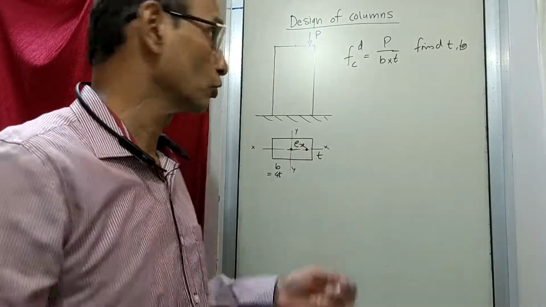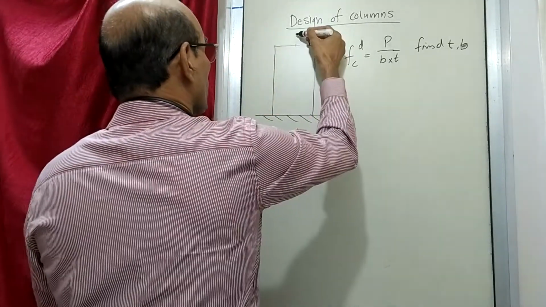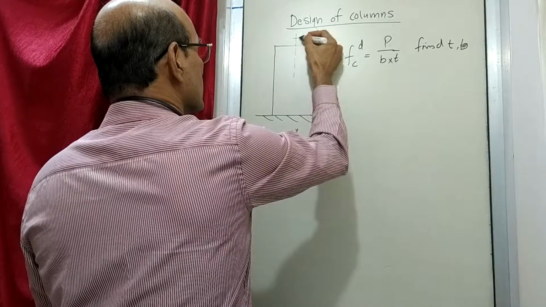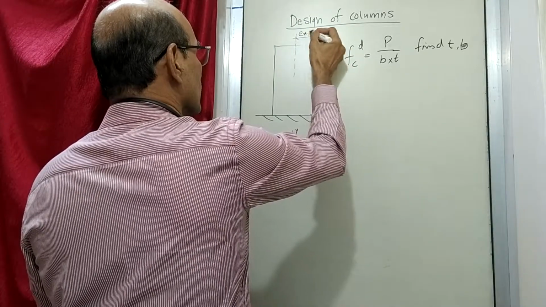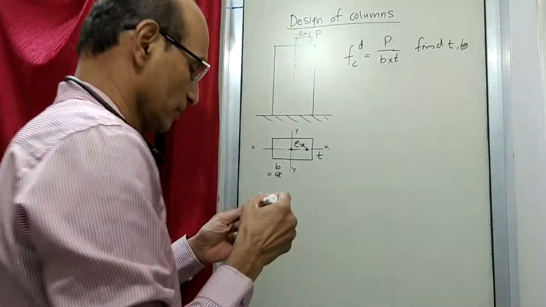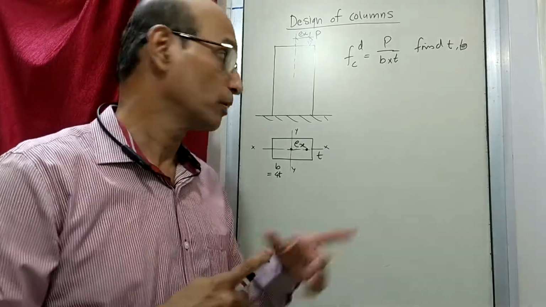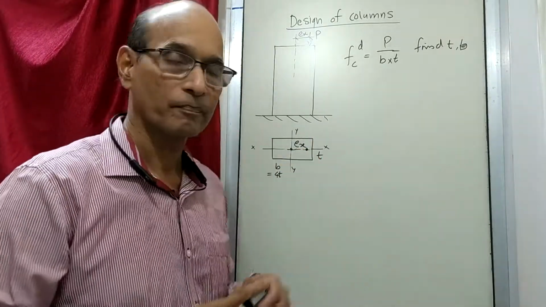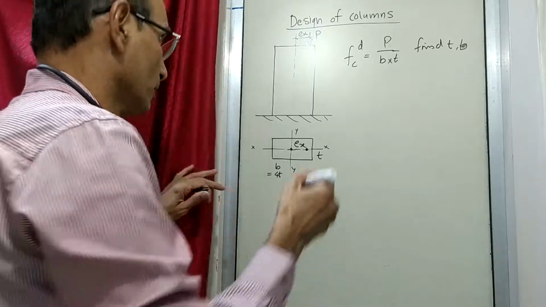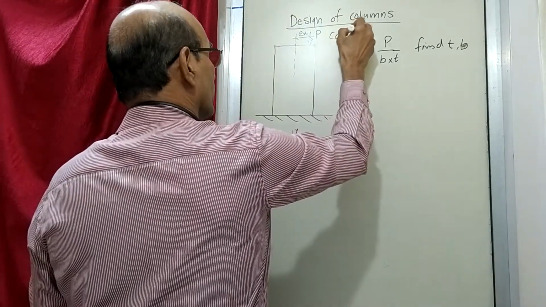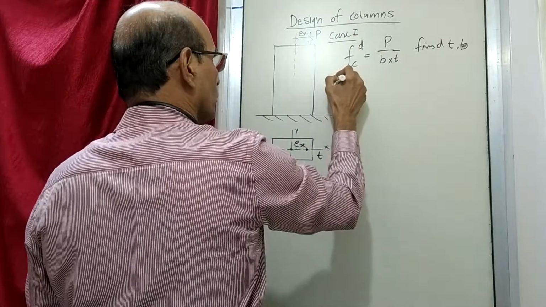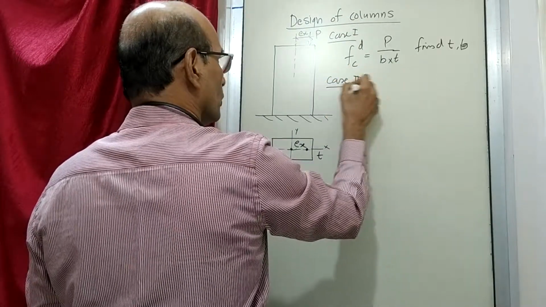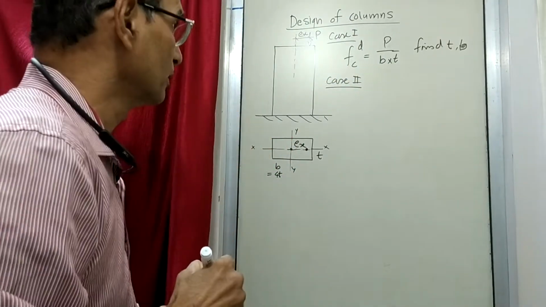So the load is acting at Ex from the vertical axis. What will be the difference compared to the earlier case? What will you do in this case? Maybe I will call the earlier one case 1, and now case 2, where the load is acting there and you are asked to design.